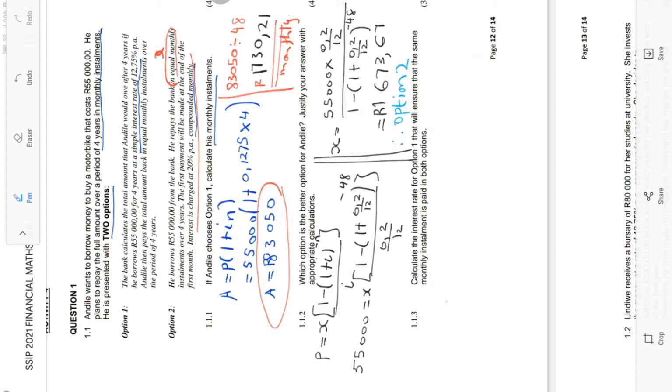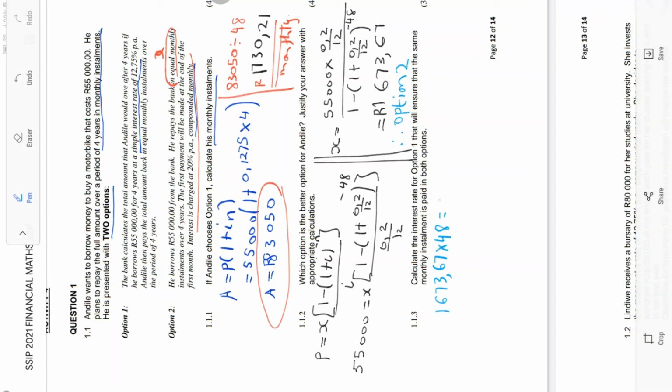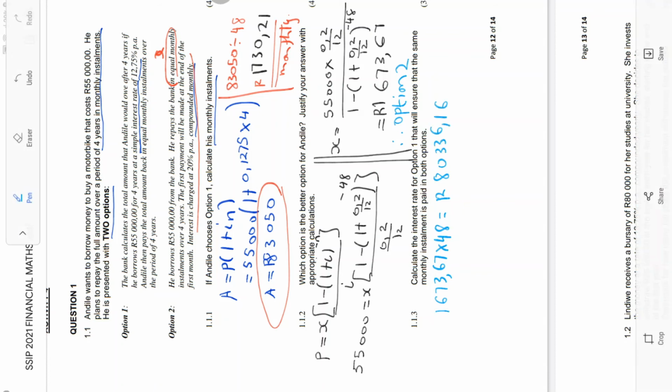So that means we get 1,673.67 multiplied by the 48, and that gives us an amount of 80,336.16. That's what he pays back in option 2. And if you compare it with option 1, it is less, because in option 1 the total amount is 83, but in option 2, the total amount is 80.